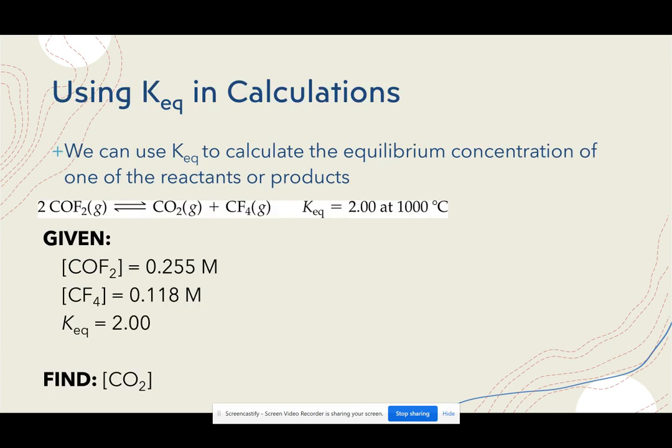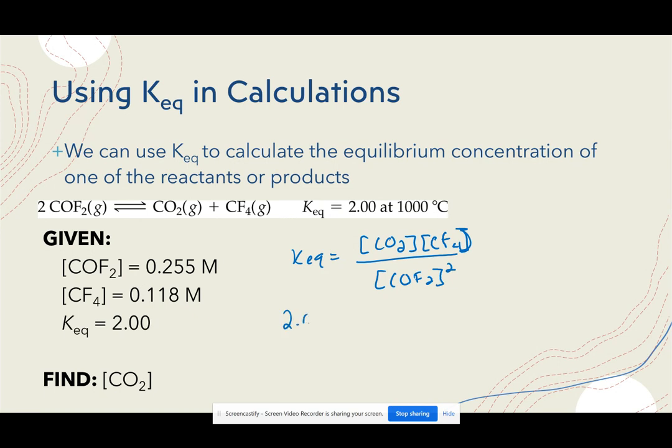You can use KEQ to calculate an equilibrium concentration if you have the other equilibrium concentrations. So in this reaction, I'm given the KEQ, I'm given COF2 and CF4, and then I'm going to find carbon dioxide. So I'm going to write my equilibrium expression: CO2 times CF4 over COF2 squared.